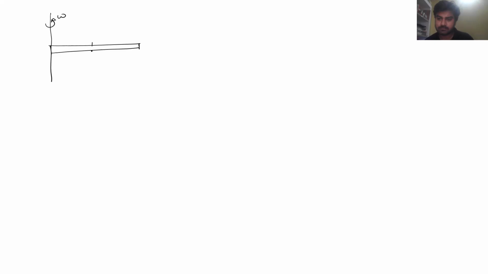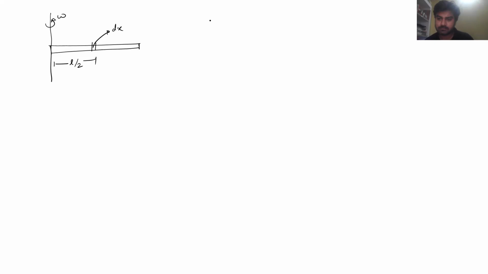So I'll take a small section, let's say dx, at the midpoint. So this length will be L by 2. Also, what will be the tension? This rod will have a tension because it is rotating very, very fast, right?